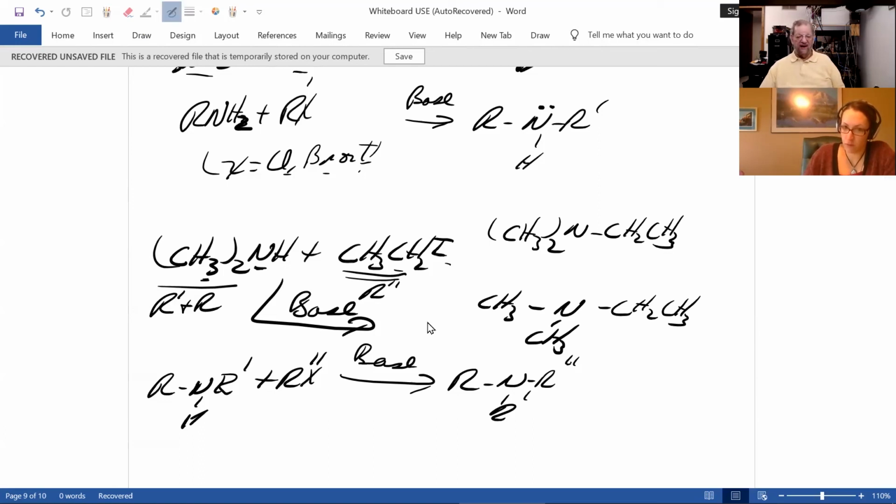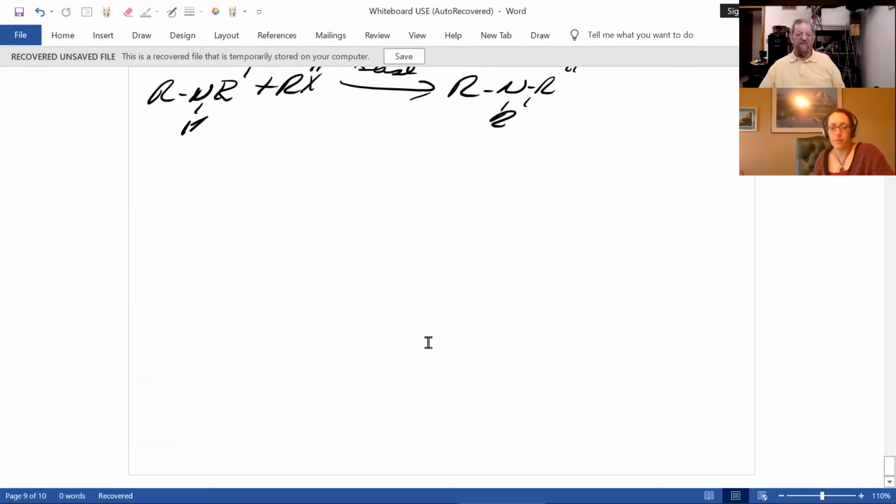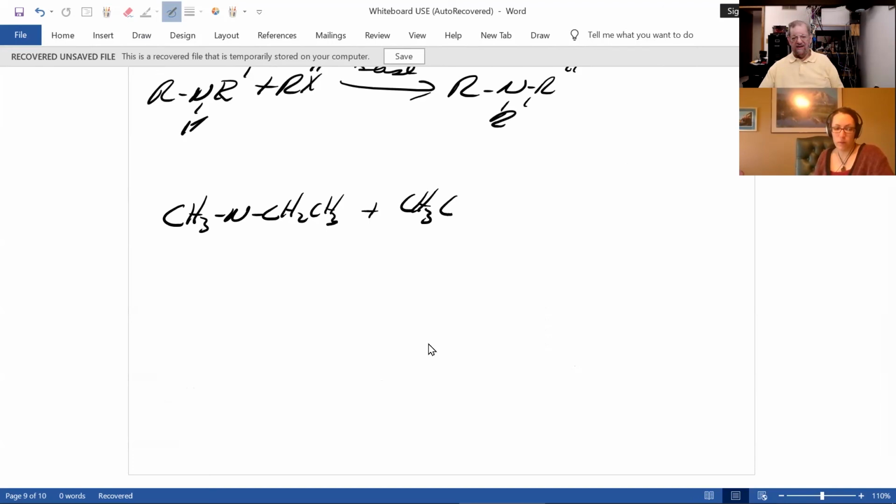And that's how you react. Remember, the non-bonding electrons will attack the carbon with the halogen. And let me have you try one. And your turn, have fun.